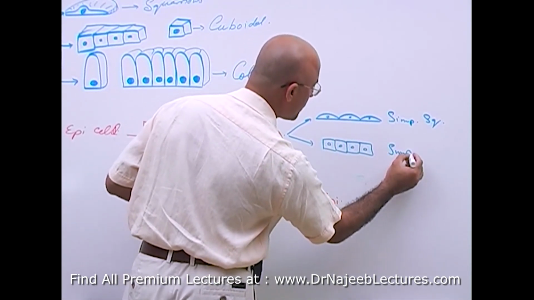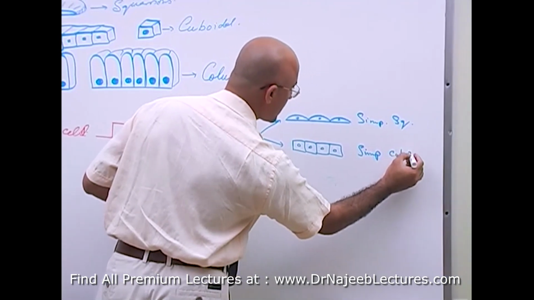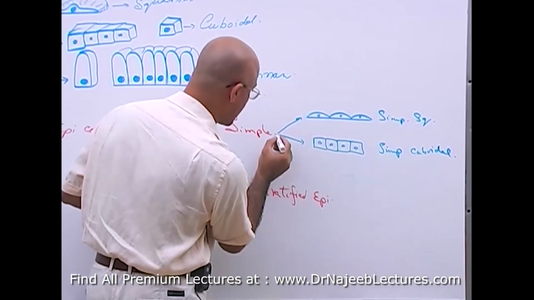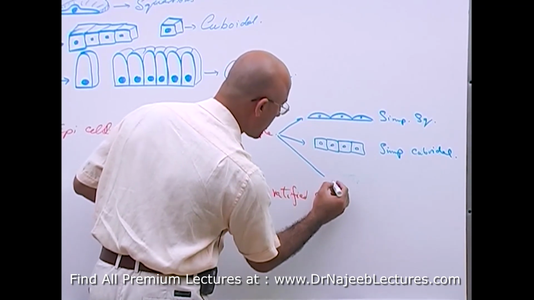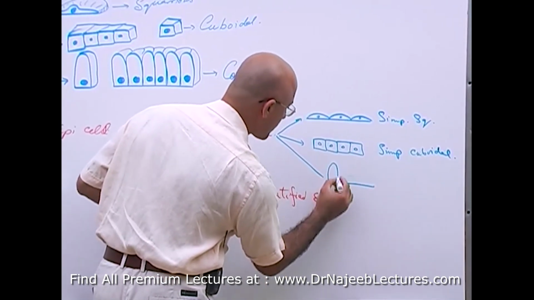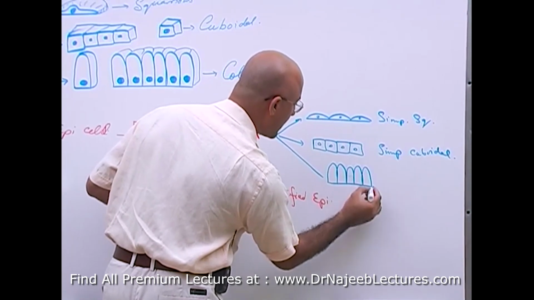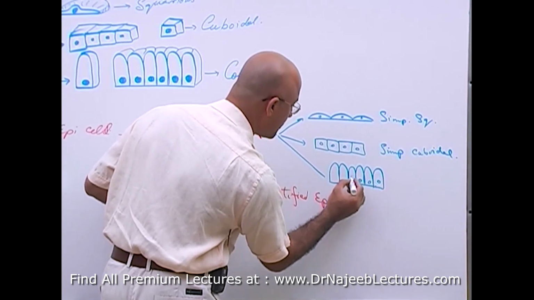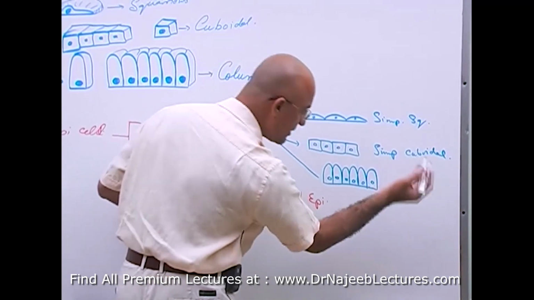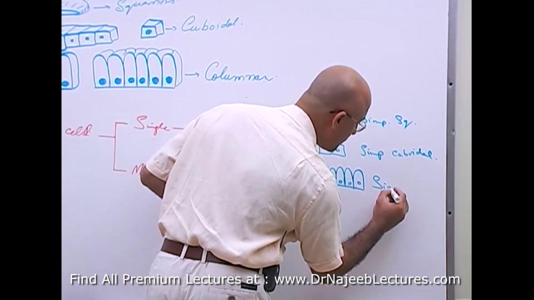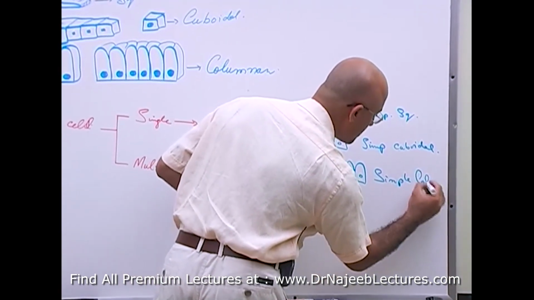Simple, yes, cuboidal epithelium. And if cells are columnar, but there is only one layer of cells, what do we call it? What kind of epithelium is this? Yes, simple columnar epithelium.